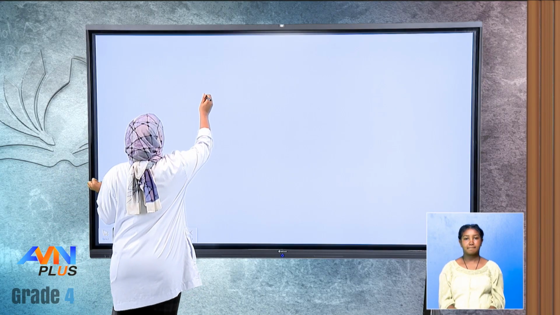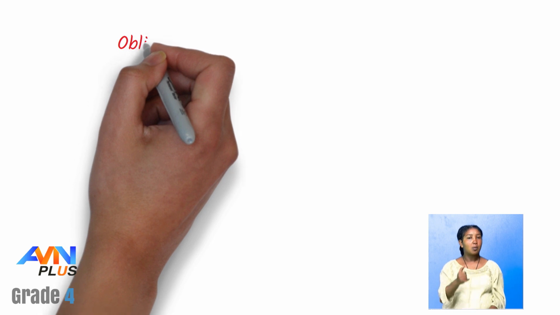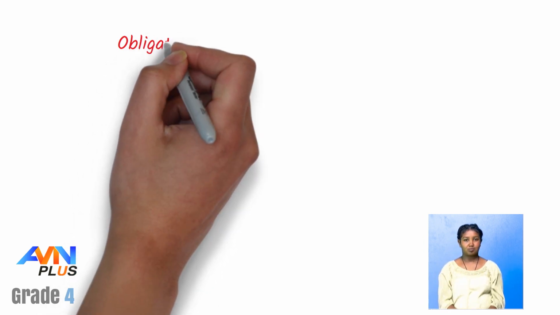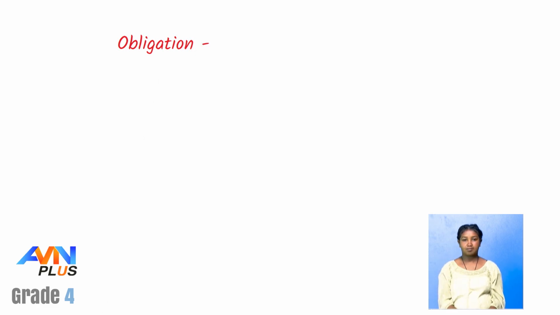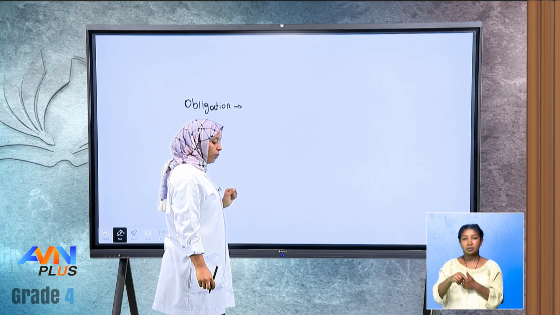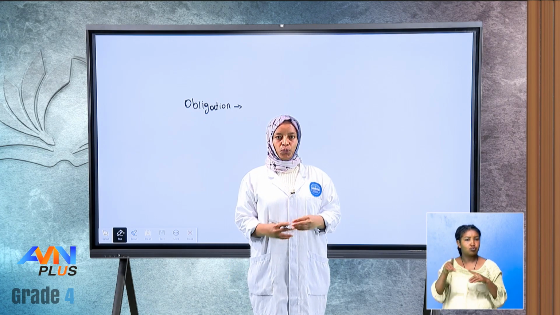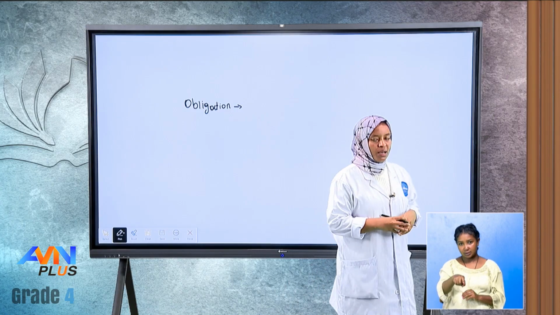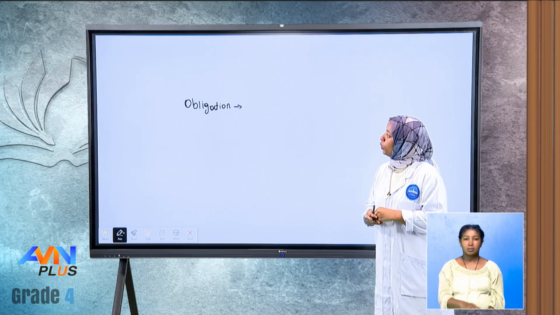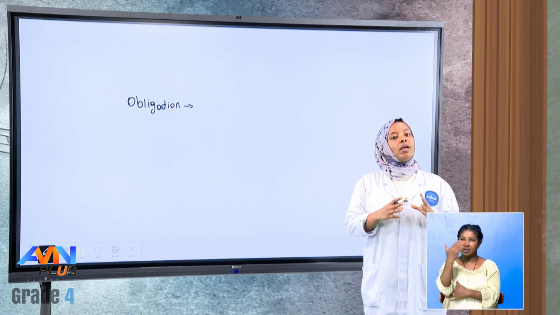Here, the next one is obligation. When we say obligation, it is something that you have to do. We can use must. When we come to obligation, maybe in your classroom, maybe in the traffic line, and maybe at your home.